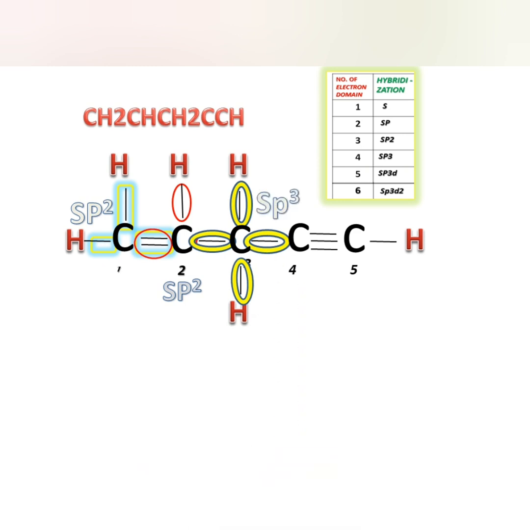Hence, carbon 3 is sp3 hybridized. Let's move to carbon 4. For carbon 4, don't be confused by the triple bond in there. Remember our rule that electron domain is independent of the bond type. So the triple bond we have in there will still be counted as 1. So let's start doing the counting. We have 1 and 2 for the triple bond. Referring to our table, an electron domain of 2 corresponds to sp hybridization. Hence, carbon 4 is sp hybridized.